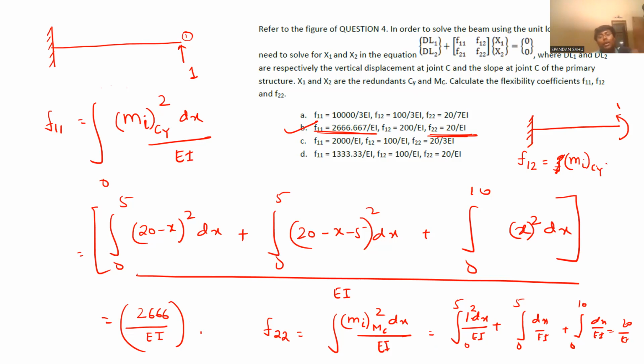That is the virtual load you have applied there to calculate the displacement. This 1 unit load is the P4 system kind of thing, so this will be MI of CY into MI of M dx by EI, which is the same as MI of M into MI of CY. Anyway, reverse.